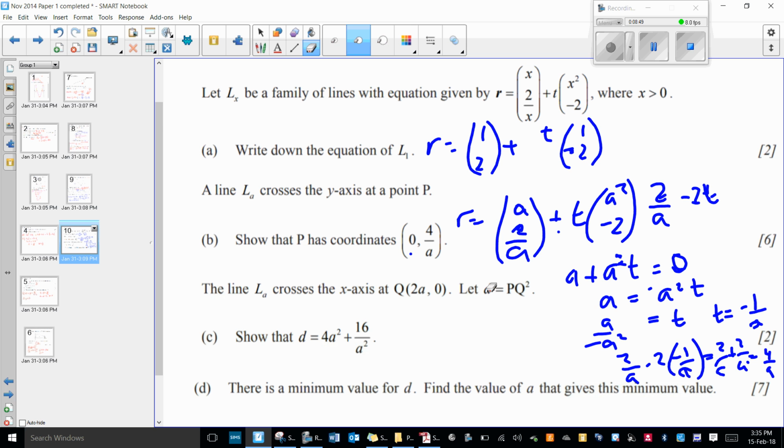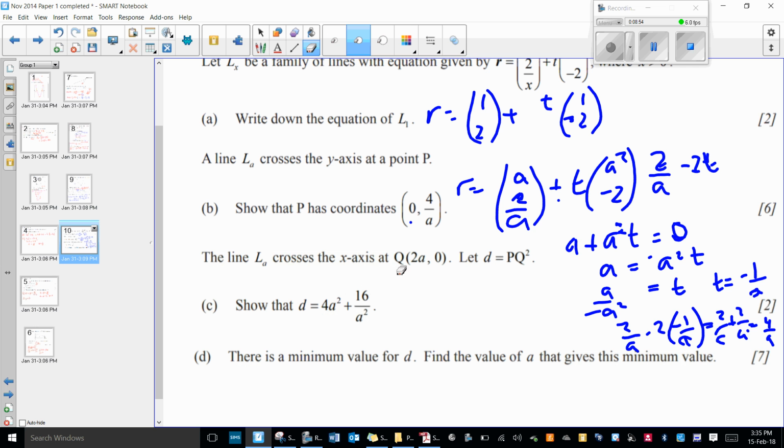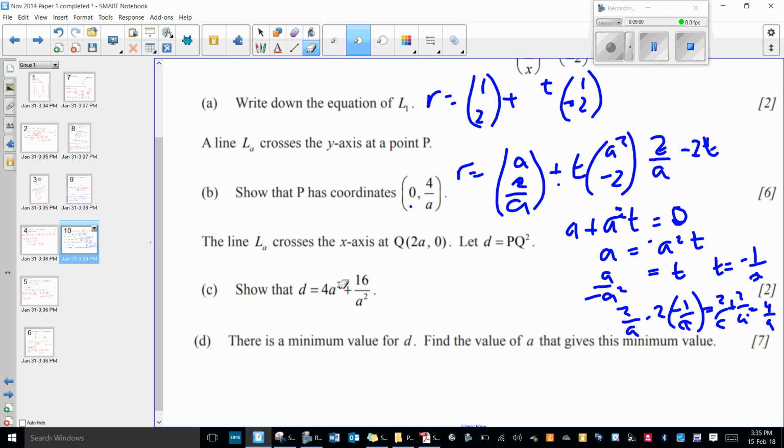Alright, the line L_a crosses the x-axis at Q. Let D equal PQ squared. Show that D equals something.